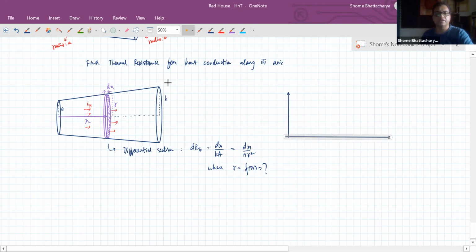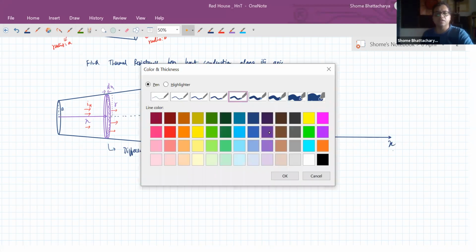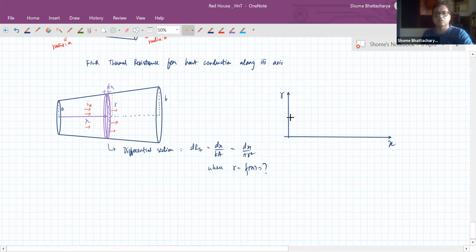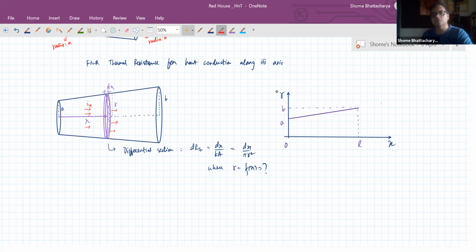Just visualize how the radius is varying here with x, and you'll realize that it's varying in a linear fashion. As your x goes from 0 to L, your radius goes from A to B. So you can use the equation of a straight line. Or geometrically, you can use similar triangles or something.